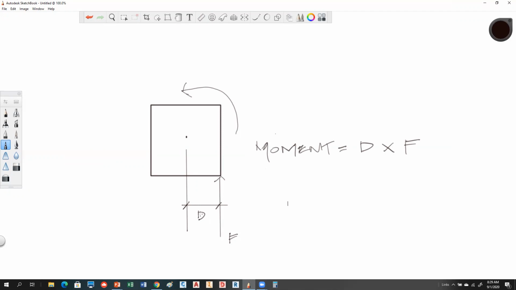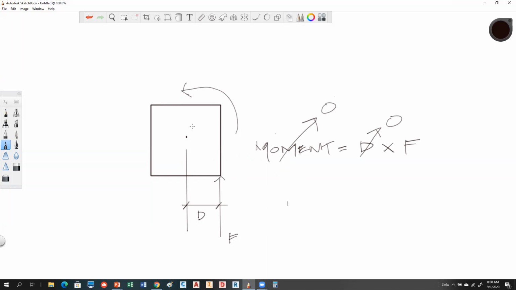As a matter of fact, if D goes to 0, the moment will go to 0, okay? So if we bring the force right through that point of pinning, then you have no rotation, which should make sense. And you're going to use this technique, moment, a lot when you get into these problems.